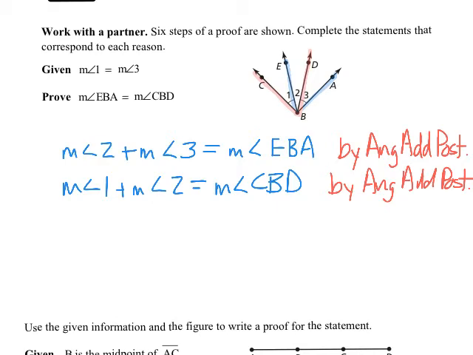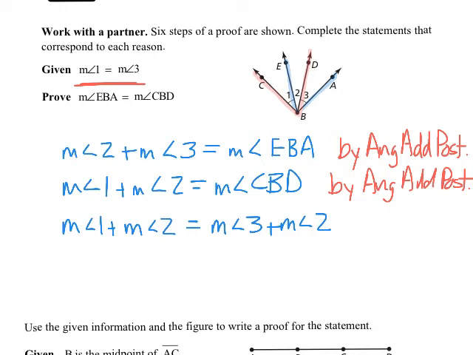Think about, the theme that we're kind of going with down here is we are trying to add angles together, right? So what if I now said, hey, I know this is given up here, and I can add measure of angle 2 to it. So what if I said measure of angle 1 plus measure of angle 2 equals measure of angle 3 plus measure of angle 2.